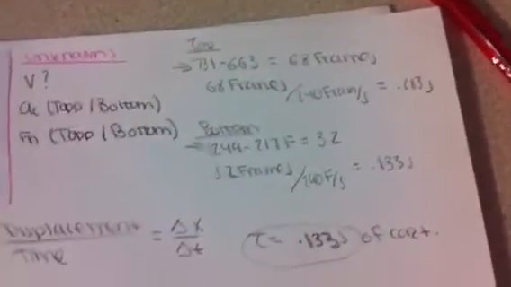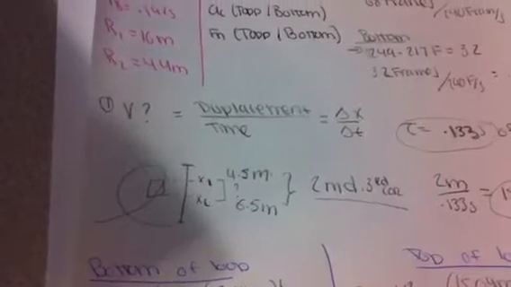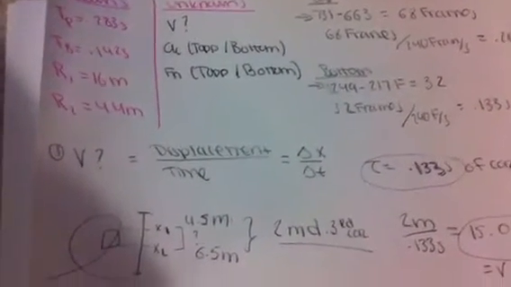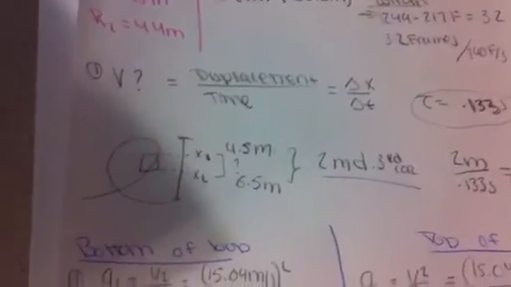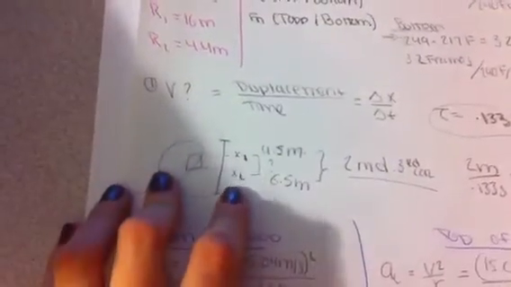That's my equations of how I get to my time, converting from frames to seconds for my car. Velocity equals displacement over time. It's x, the change in displacement over the change in time. Once the car is right here, it is actually parallel to our scale.